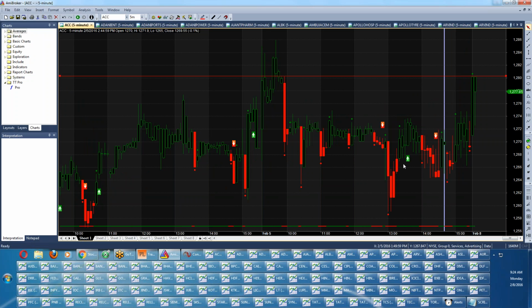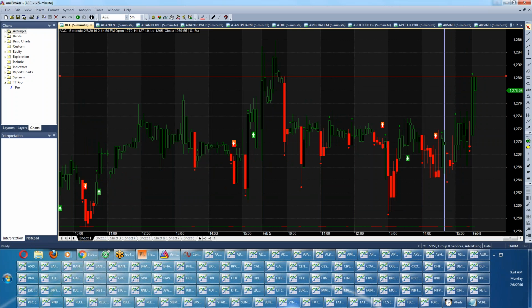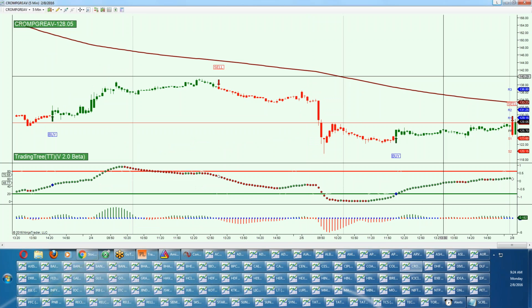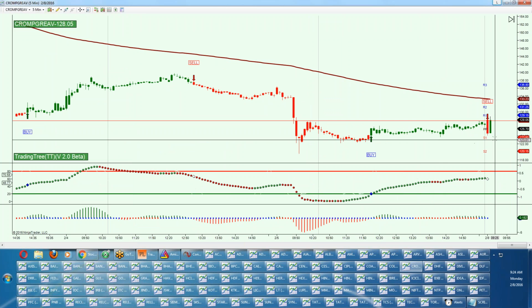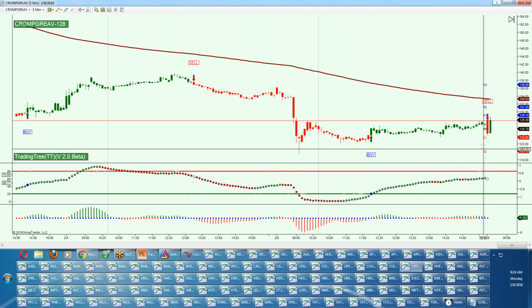That is your green arrow here. We have Crompton. That's a sell here. Since it is quite close to the S2, you can short it below the S2. That is 123.